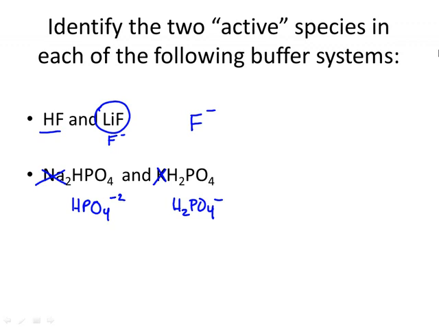This one has one hydrogen, this one has two hydrogens. Neither of them is a strong or weak base. So H2PO4 negative would be my acid, and HPO4 negative 2 would be my conjugate base. Or HPO4 negative 2 would be my base, and H2PO4 negative would be my conjugate acid. It doesn't really matter.